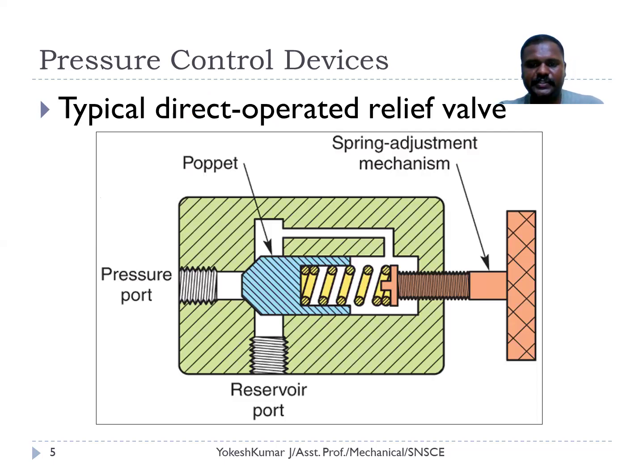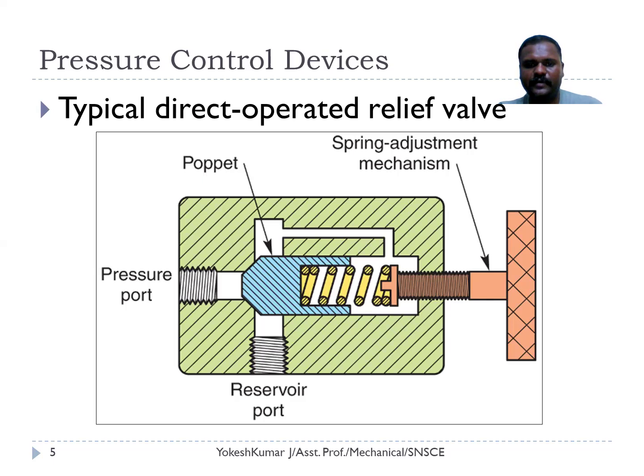Here I have illustrated the sectional view of a direct operated pressure relief valve, which has a poppet. The poppet moves freely in a linear movement inside the valve body.